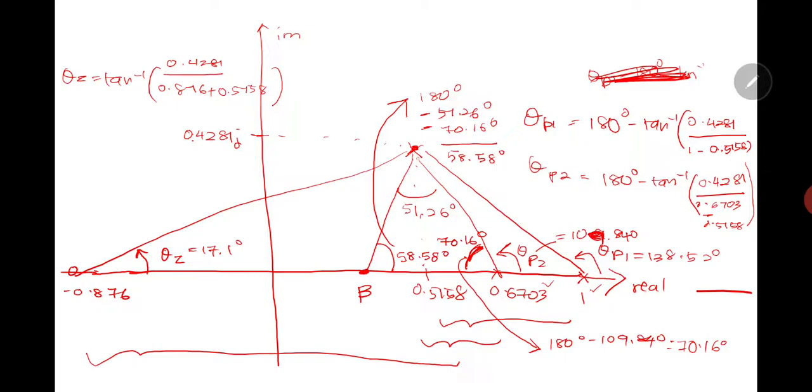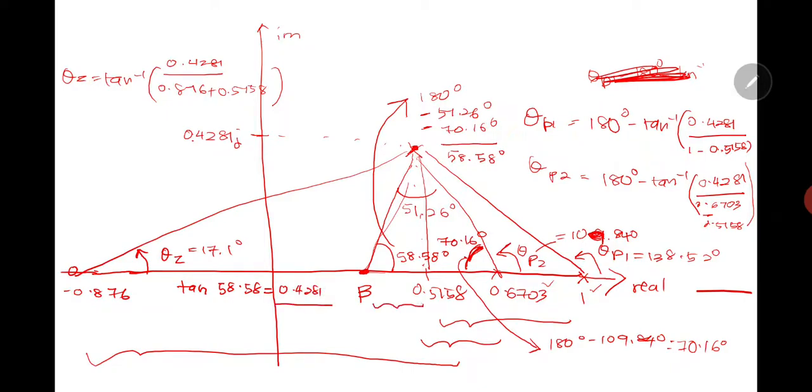So to get beta, you can use your trigonometric knowledge also. If you look at this triangle, from here we can get tangent 58.58 is equal to the height, 0.4281, over the width.